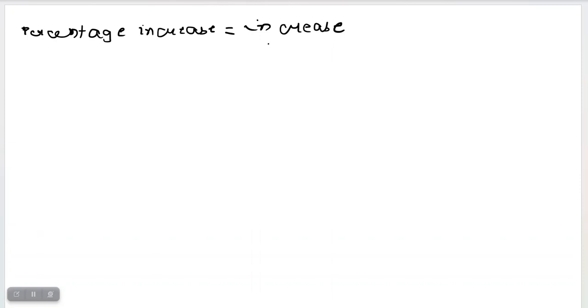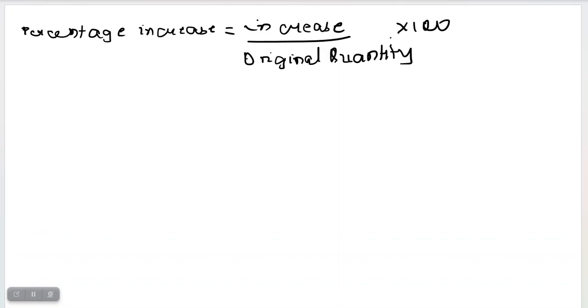The fourth thing we have to know is percentage increase. This is given as increase upon original quantity into 100.